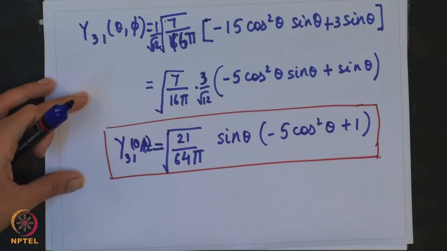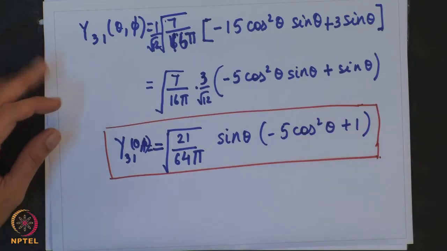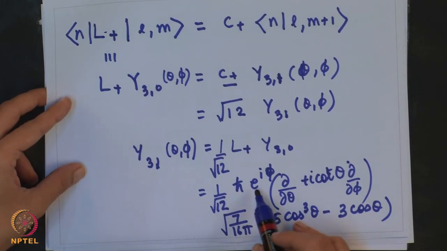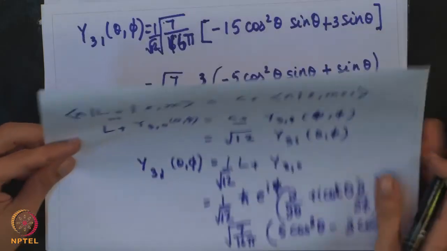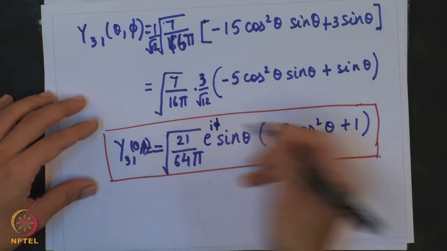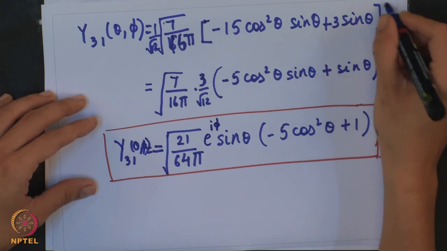In the same way, see to it that you are carrying this out properly. Here I have e raised to i phi, which I was not writing throughout, so I will include it here; it has to be included everywhere.